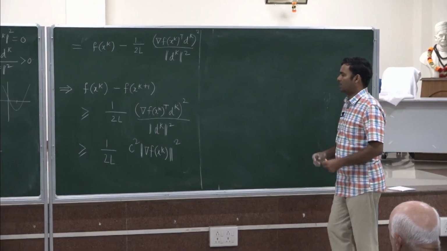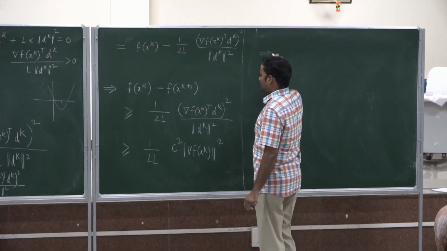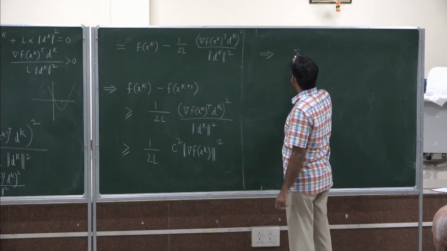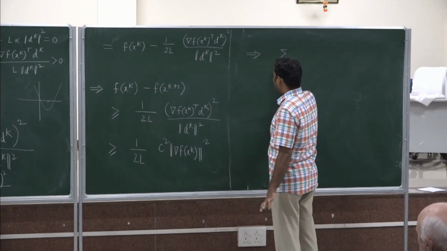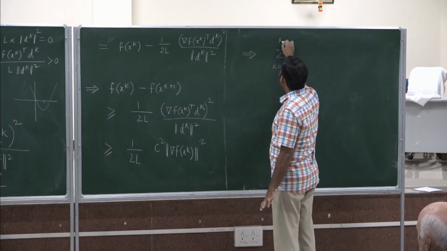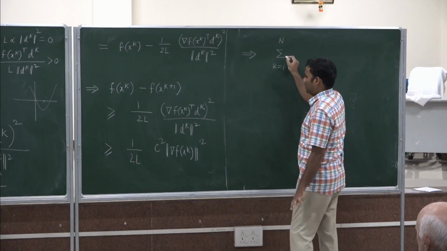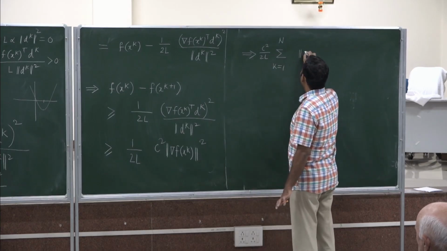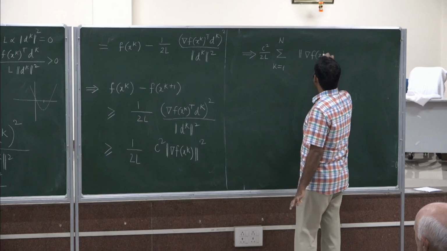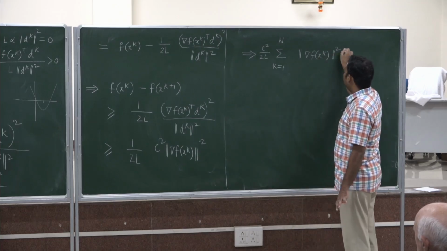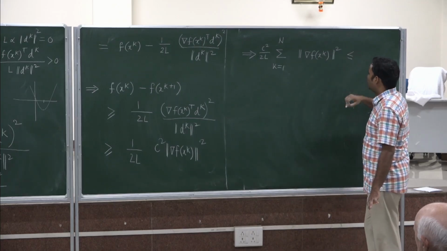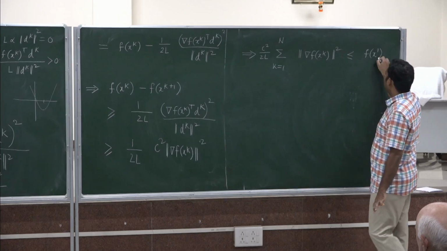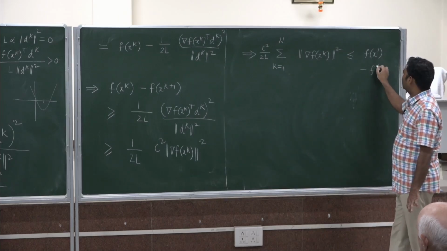Now if we sum it up on both the sides, taking k equal to 1 to capital N, c squared by 2L times the sum of norm of gradient f(x_k) squared is less than or equal to f(x_1) minus f(x_N).